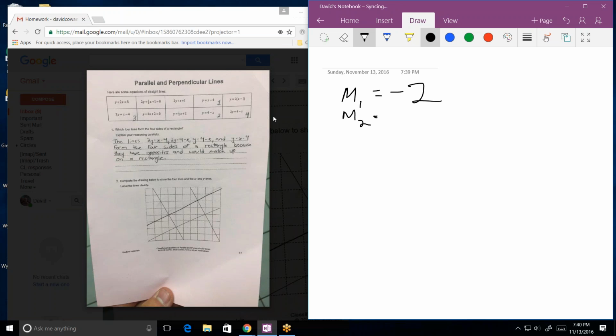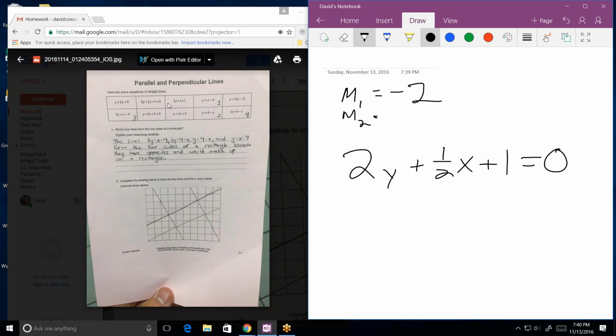No? Let's solve it. We want to solve this for y, always. When you want to solve for slope, if it hasn't been solved for y, some of these are already solved for y, so we don't need to manipulate those. But this one we have to solve for y.